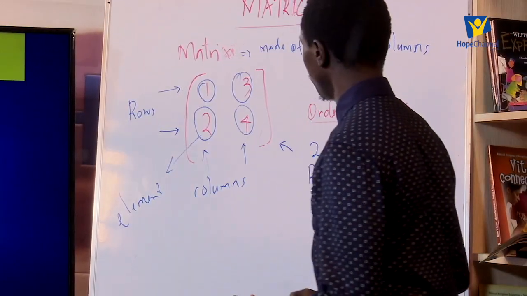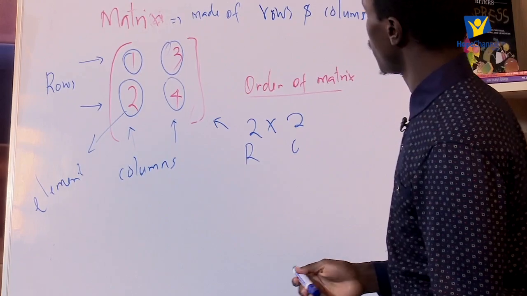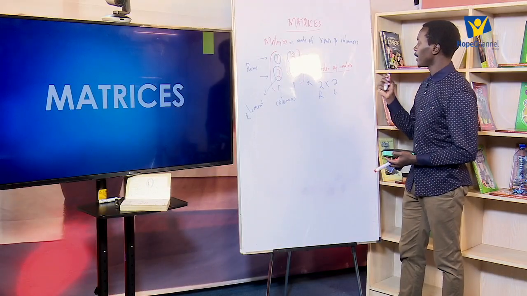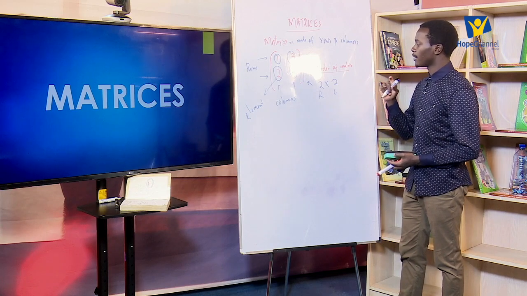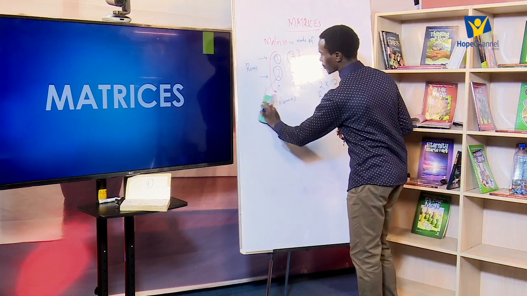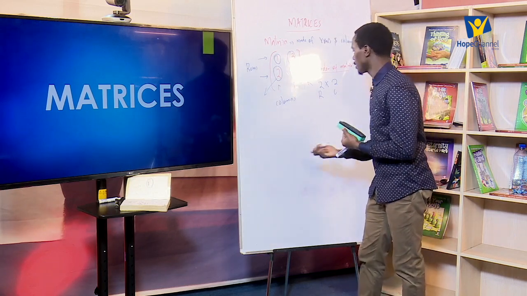Now they can be in rows or in columns. Depending on the order of the matrix, we can say the position of that element in that matrix. For example, we have this matrix here.